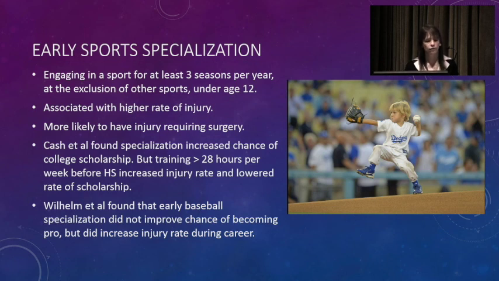Wilhelm et al. found that in early baseball specialization did not improve the chance of becoming pro, but it did improve the chance of having an injury during your career. On the flip side, there is evidence that early specialization will increase your chance of a college scholarship, but if you overdo it too much, it also increases your rate of more severe injury, surgical injury, and then if that's the case, obviously lowering your chance of getting that scholarship.